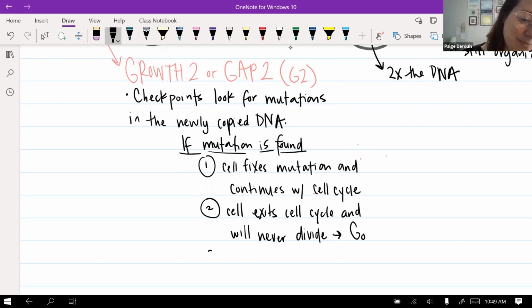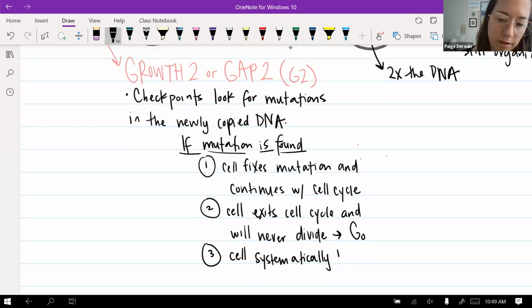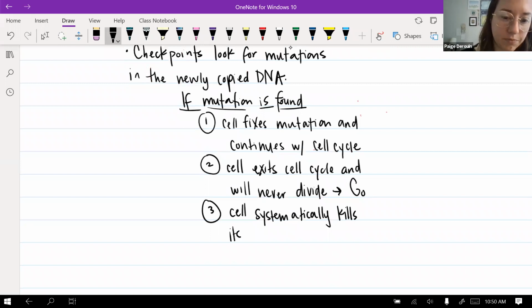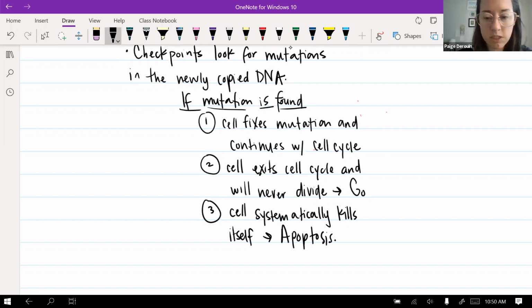The last option is that the cell systematically kills itself. And that's called apoptosis, which is a fun word to say.